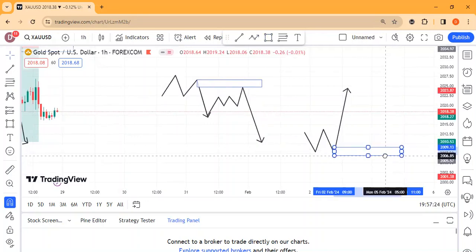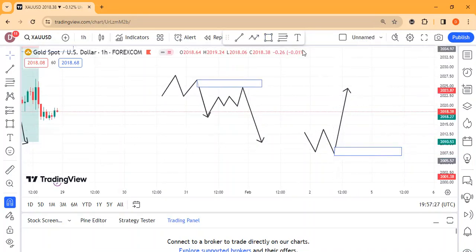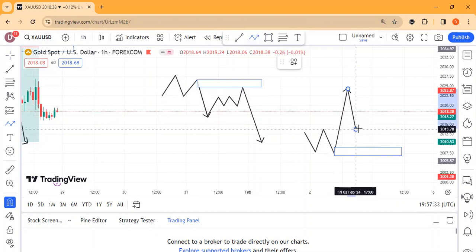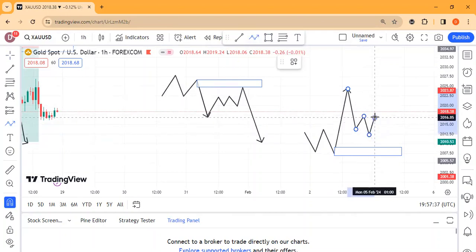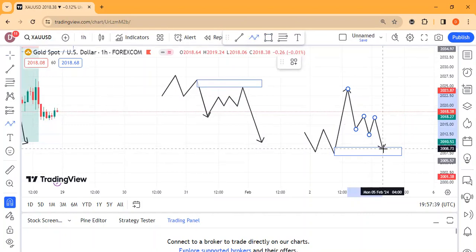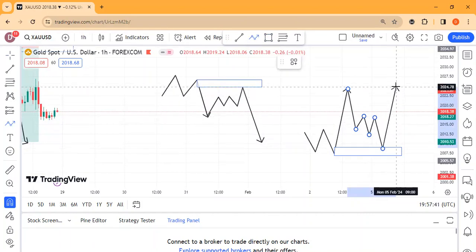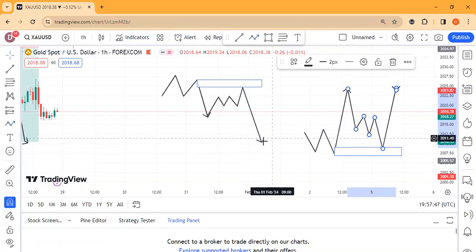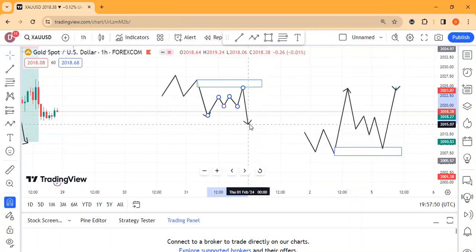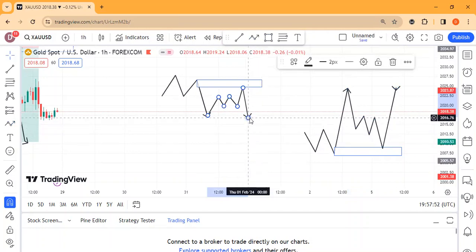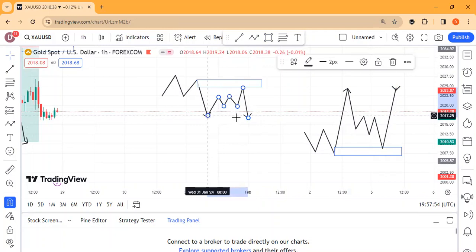Once your demand zone is here, you want to be sure a liquidity zone is created somewhere around here and the liquidity is taken out, then price respects this zone and starts coming up. Then you can take your profit somewhere around here, for this particular setup.